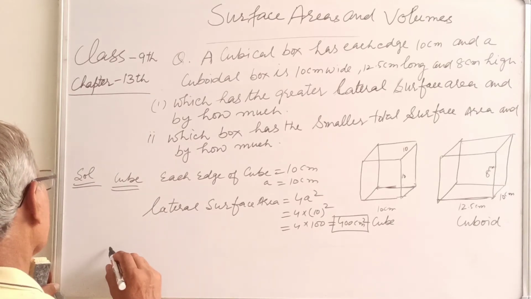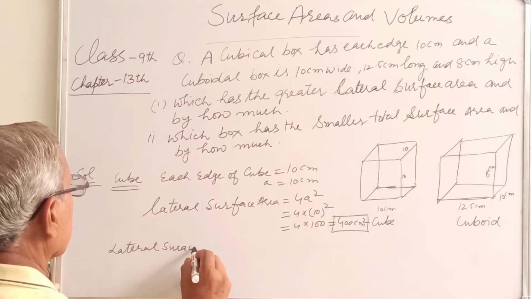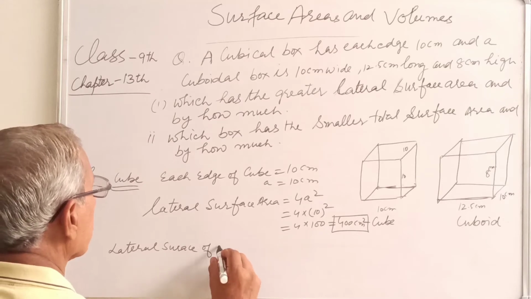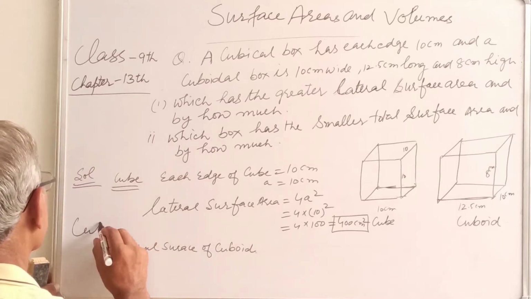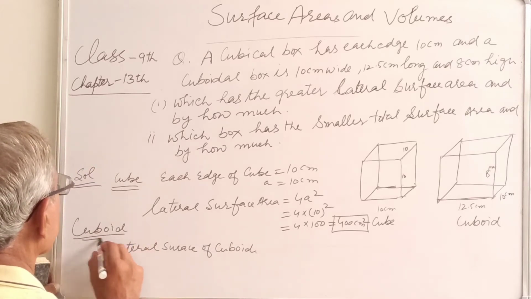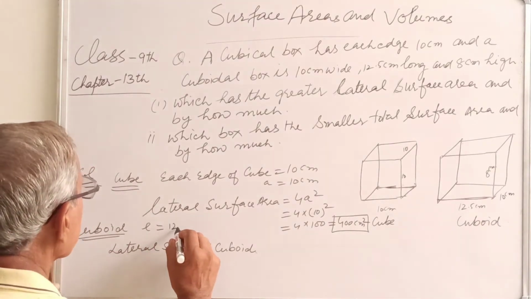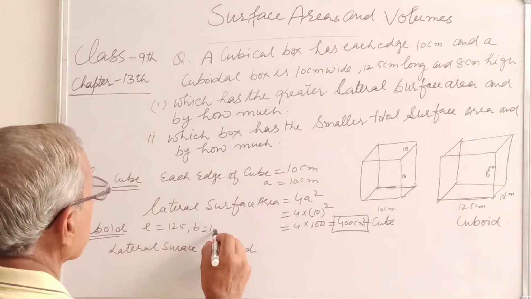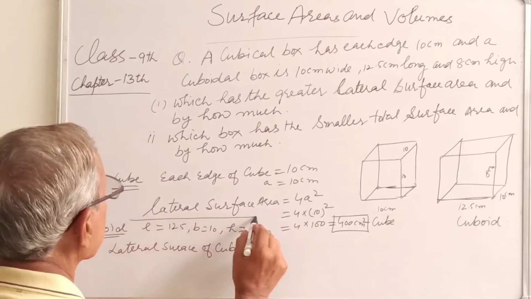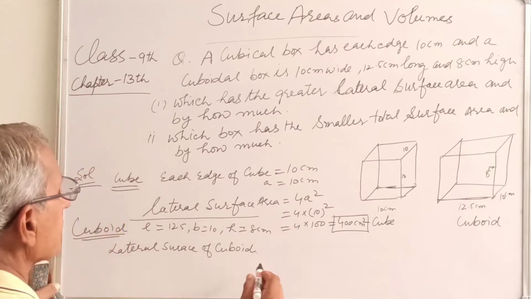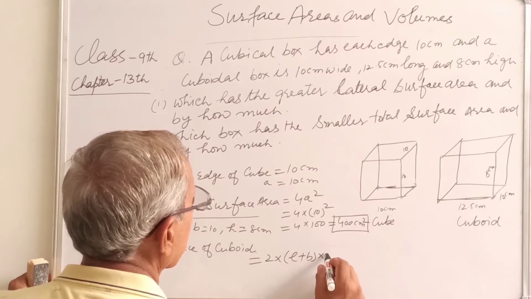Now let us find the lateral surface area of the cuboid. For the cuboid, L is 12.5, B is 10 and H is 8. The lateral surface area will be 2 into (L plus B) into height.